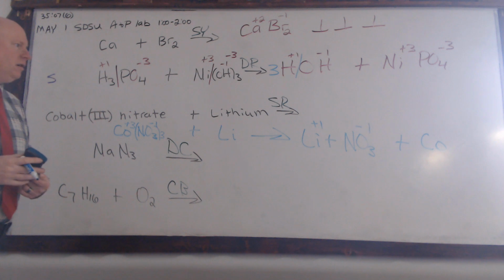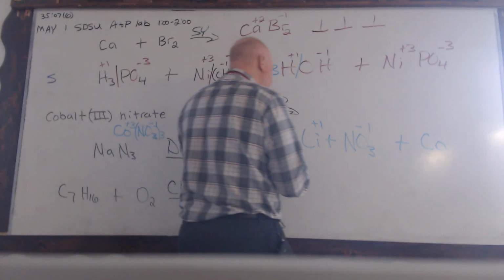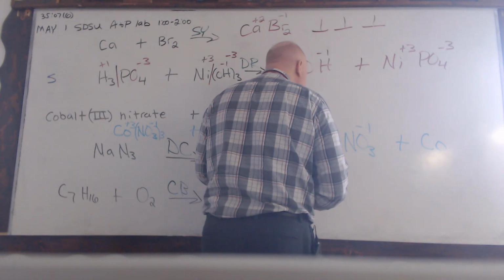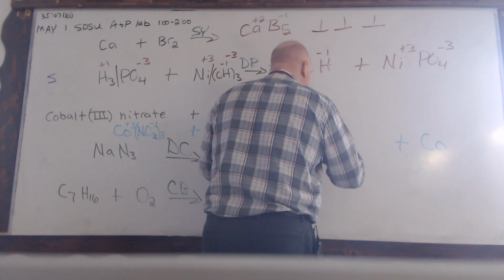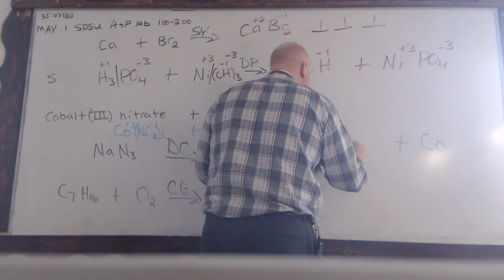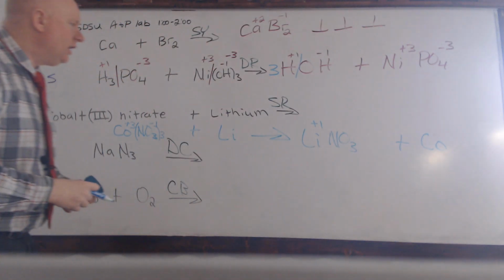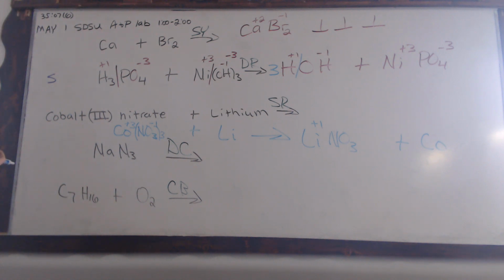So again, what you need to be able to do is now balance this. And again, if you have to hit pause, I would suggest that you do that. We'll just go ahead and do the math, and then you can go back and see perhaps where you may have made a mistake.